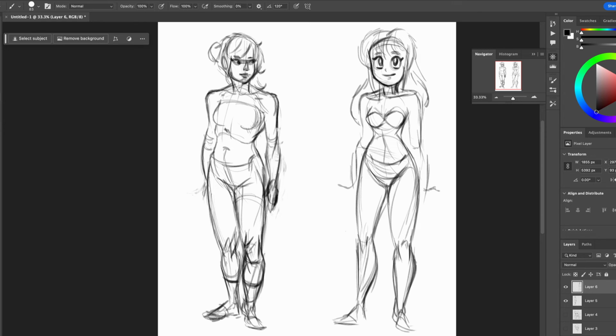If you compare the one on the left, which is a conventional female, with the one on the right, which is a conventional anime character, you can see how much longer the legs are, and all this is done just from the spacing, pretty much.